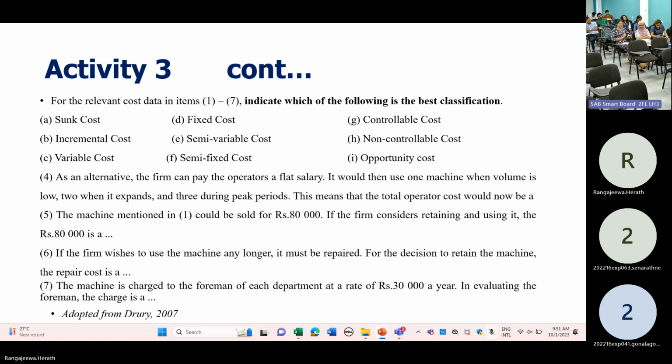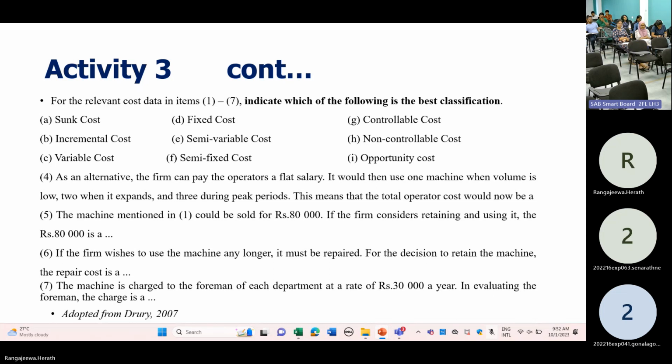The machine is charged to the foreman for each department at a rate of 30,000 a year. When evaluating the foreman, each machine, the foreman is charged 30,000 for the machine.